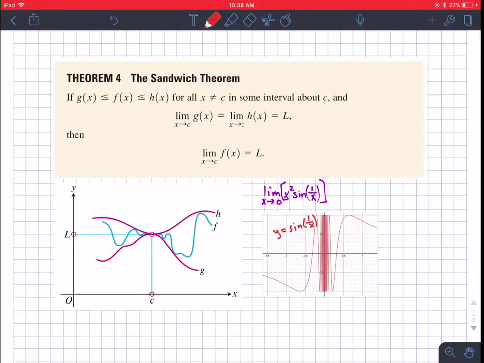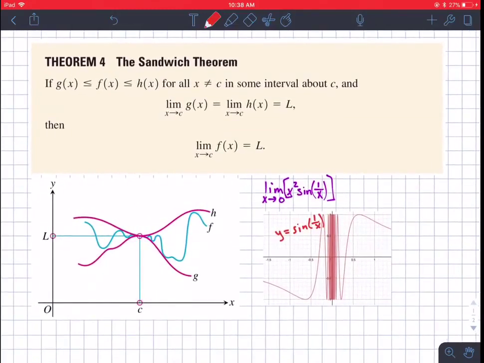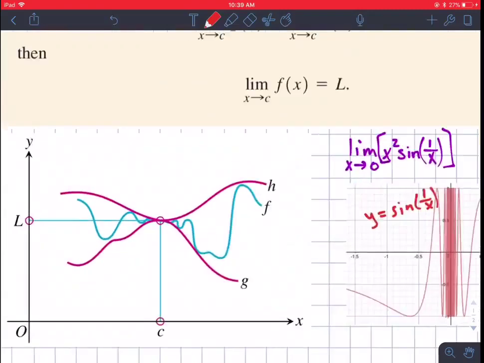What the sandwich theorem tells us is that over some interval, if g of x is less than or equal to f of x, which is less than or equal to h of x, for all x not equal to c, so we don't really care what's happening at x equals c, and we know that the limit of the two outer functions as x approaches c is equal to the same value L, whatever that is, then we know the limit of the middle function must be L. And notice that's true.